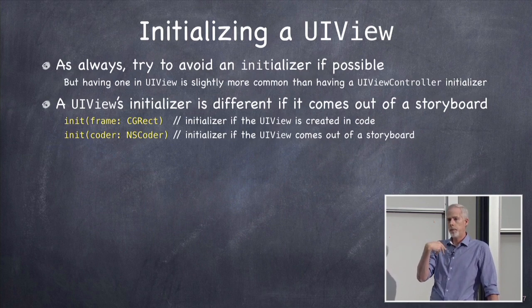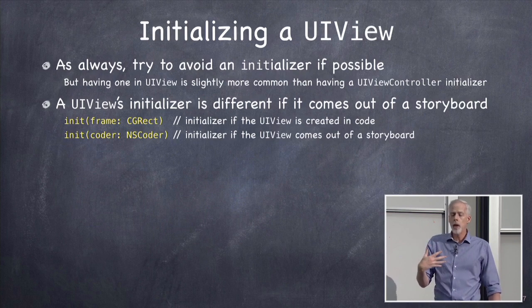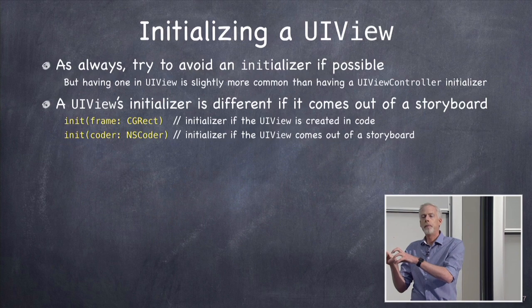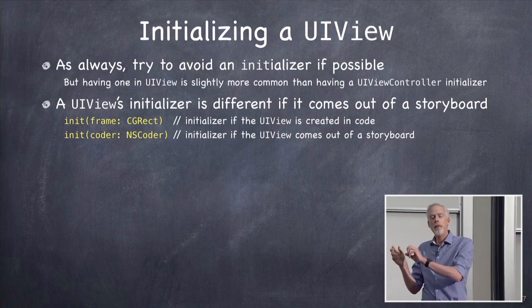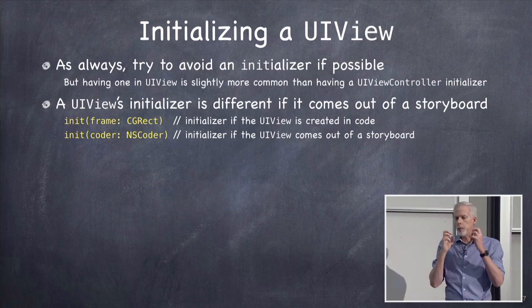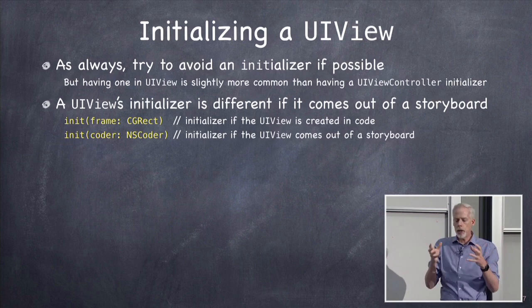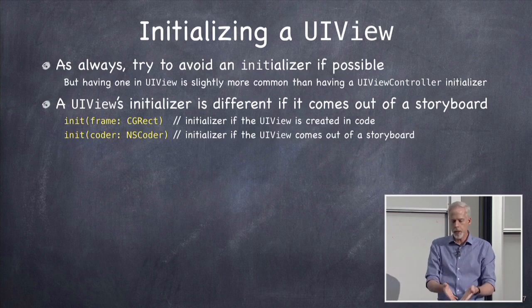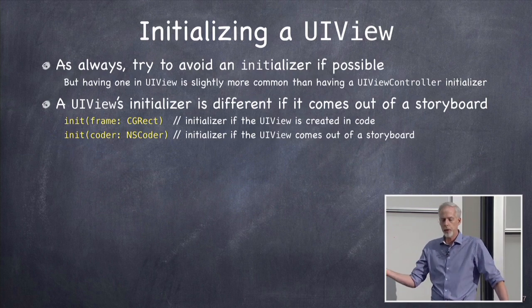When it comes from what you built in Xcode. All the stuff that you're building in Interface Builder essentially gets coded, that's what this coder business is about, coded into an XML file, kind of freeze-dried. And then when you run your program, that XML file gets loaded in, and it's the instructions for how to create all those objects, okay? And init with coder is the initializer it uses to recreate the view.